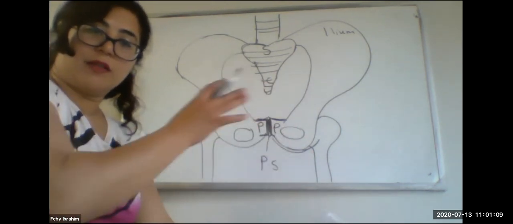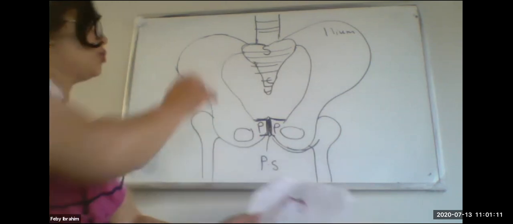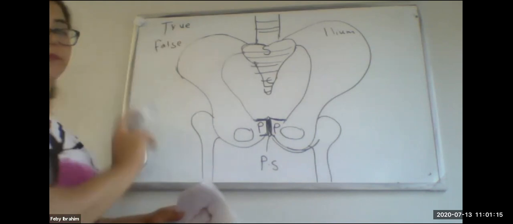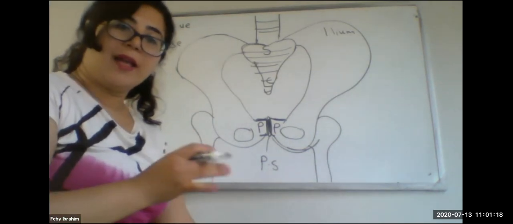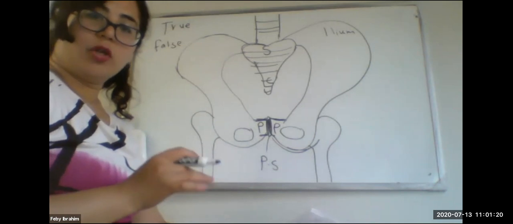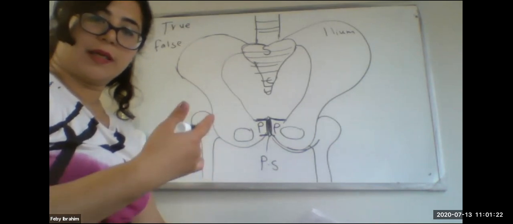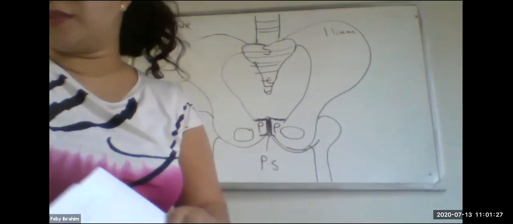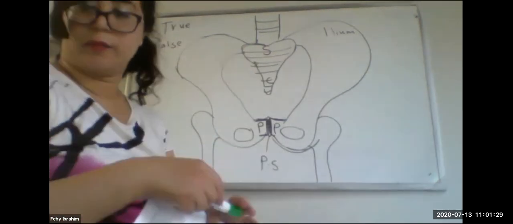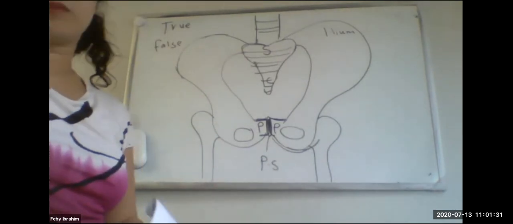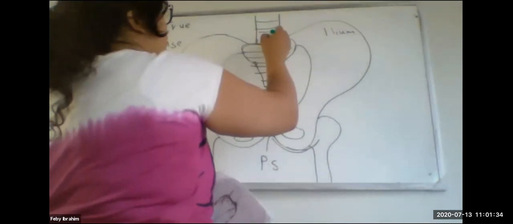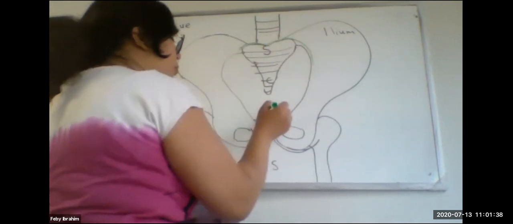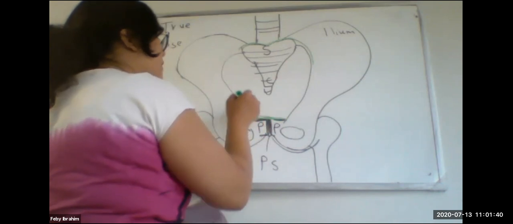Now, the pelvis is divided into two: true pelvis and false pelvis, by an imaginary line. The imaginary line extends from the superior margin of the sacrum to the superior margin of the pubic symphysis.